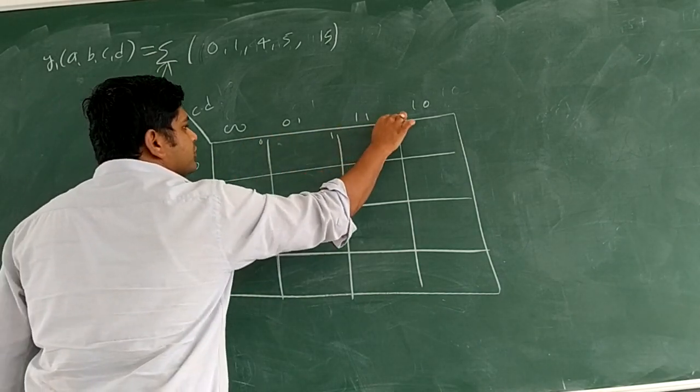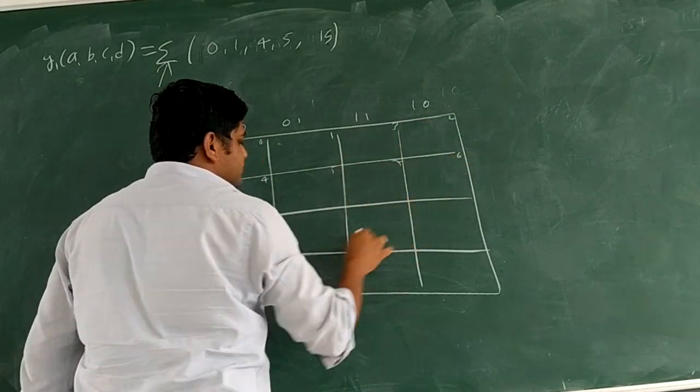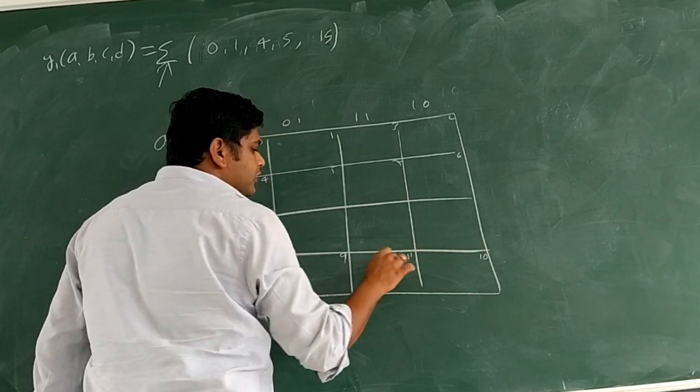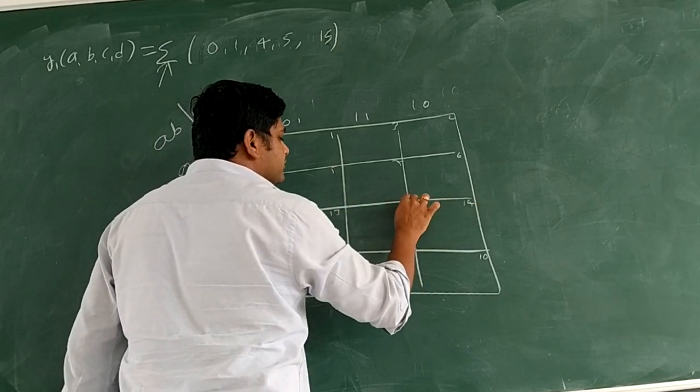Cell numbers 0, 1, 3, 2, 4, 5, 7, 6. Skip one row. 8, 9, 10 here, 11, 12, 13, 14 here and 15.